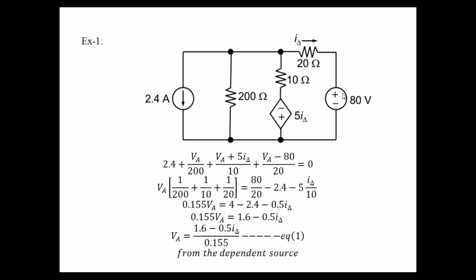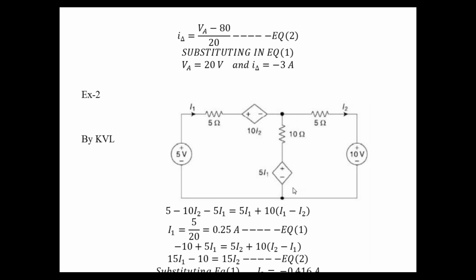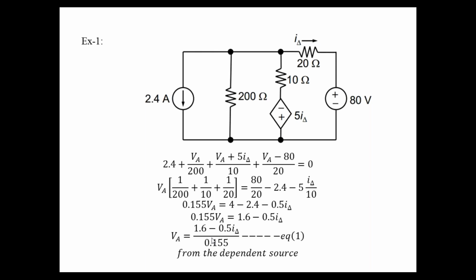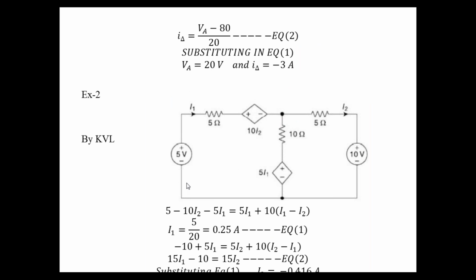So this branch current I delta is equal to (VA minus 80) by 20. Now substituting this value of I delta in this KCL equation, we can find out the VA and I delta values.